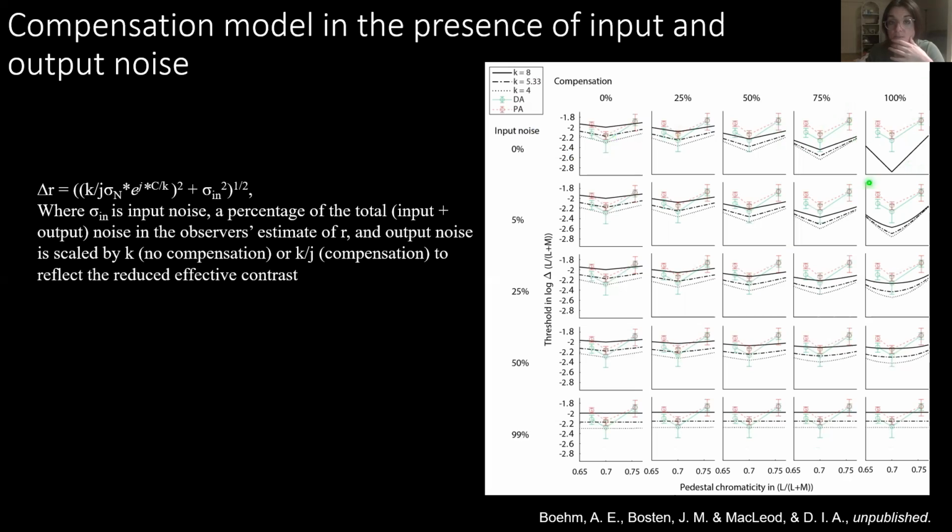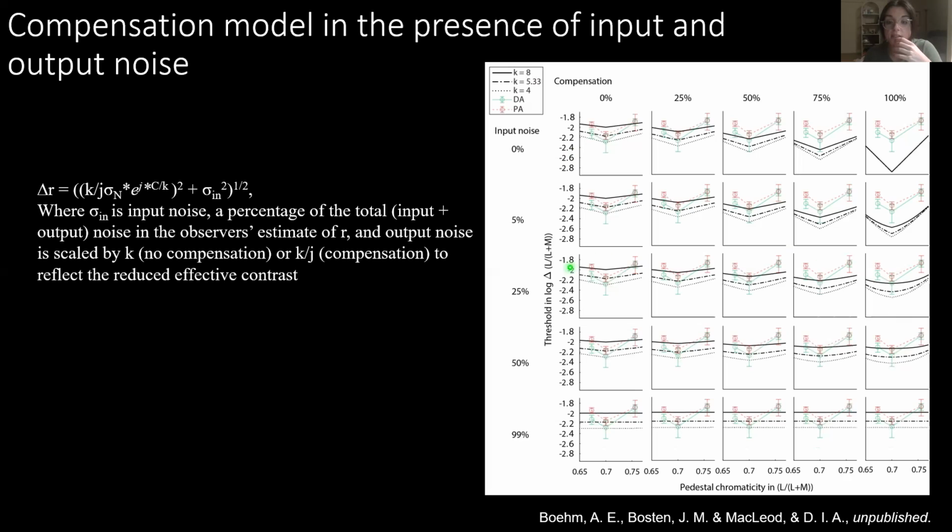the full compensation model in this case would predict thresholds exactly the same as the normal trichromat. This is because in this case, compensation occurs prior to the point of the limiting noise. But it's reasonable to assume that input noise that occurs prior to the compensation could also be significant.